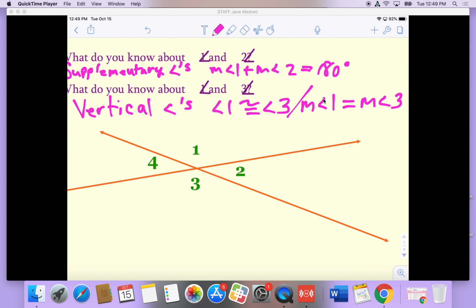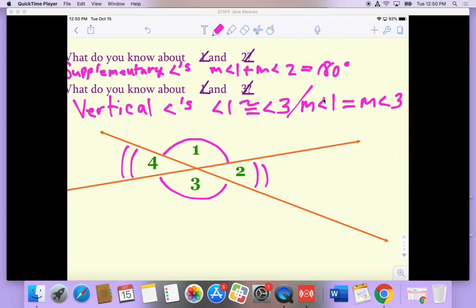Notice that when we're dealing with measure, they're equal, but if we're naming the angles, they're congruent. And so 1 is congruent to 3. Are there any other vertical angles? Yes. 2 and 4 are also vertical angles. It's really important to be able to visualize those and know that they are congruent because it's going to pop up a lot.